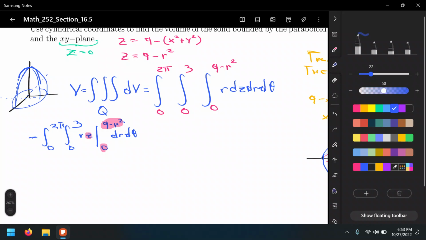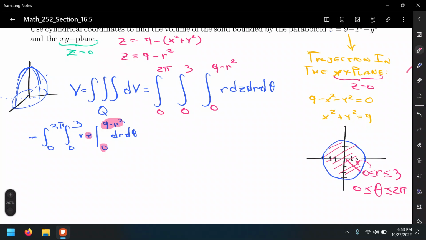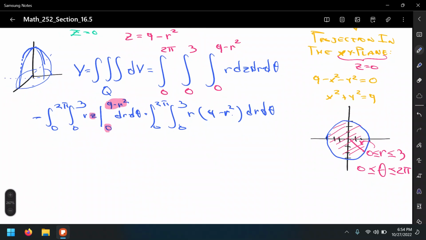So that means that's the integral from 0 to 2 pi, the integral from 0 to 3, r times 9 minus r squared minus 0, but minus 0 is simply just 9 minus r squared, dr d theta. Alright, so let's keep integrating.